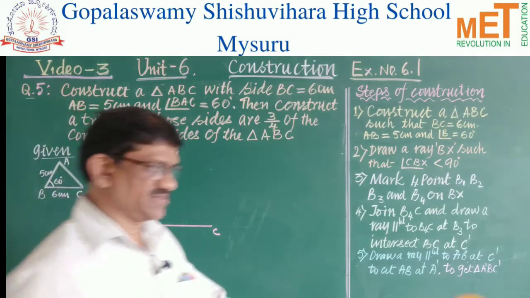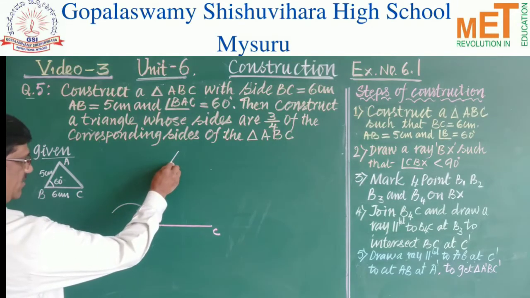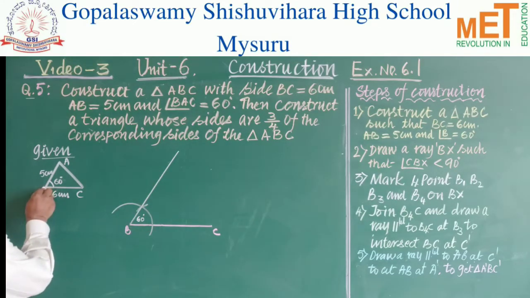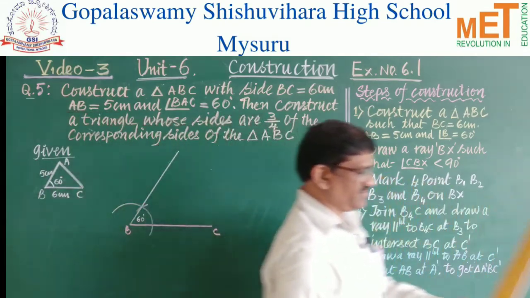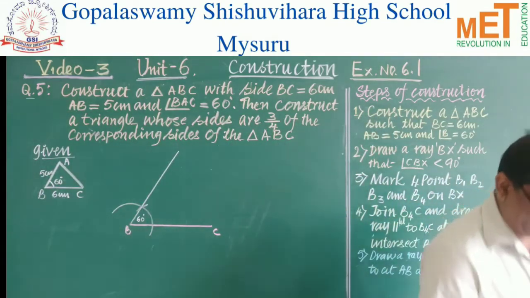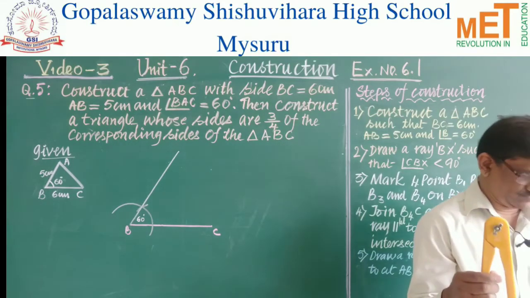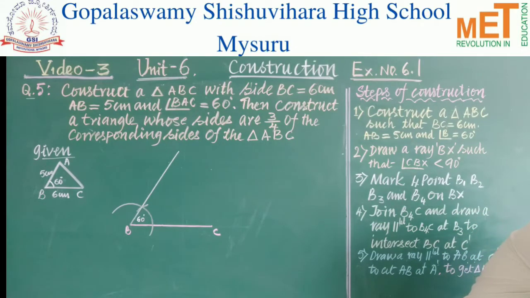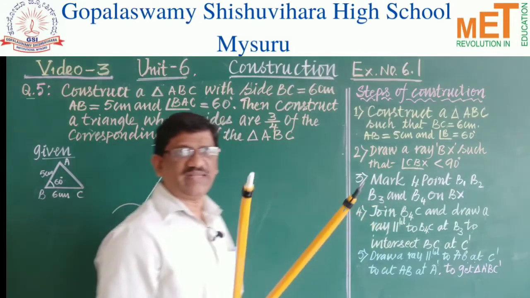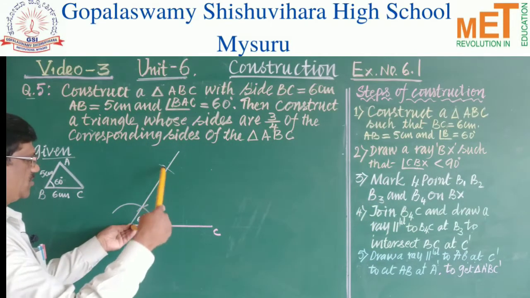Okay. Next, where does A come? A comes somewhere here. The distance from B to A is 5 centimeter. Taking 5 centimeter radius in the compass, with B as a center, you mark it.